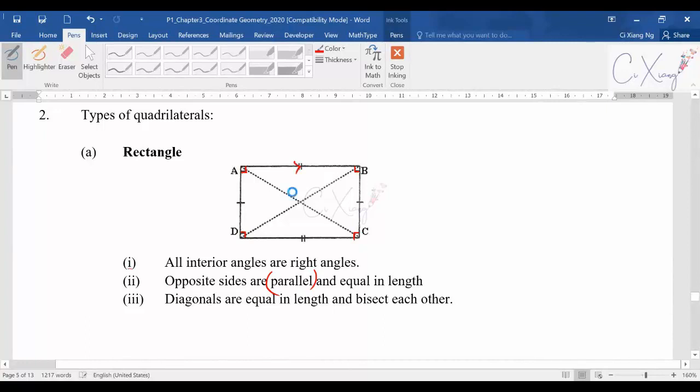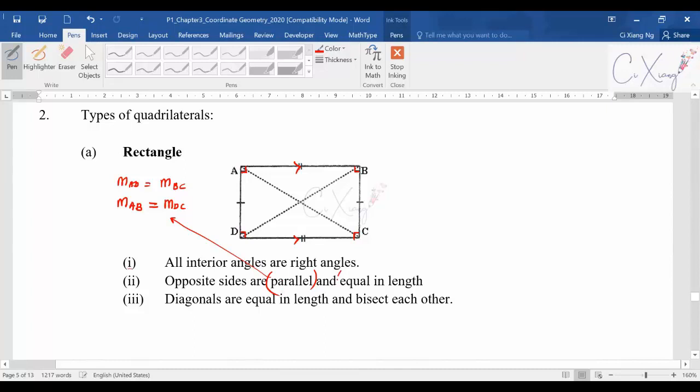So opposite means that AB and DC are parallel. So when you know that AB and DC are parallel, that means you can use the idea that the gradient of AB should be equal to the gradient of DC. Okay, or the gradient of AD should be equal to the gradient of BC because they are parallel to each other. So this is the second property that is useful for us.